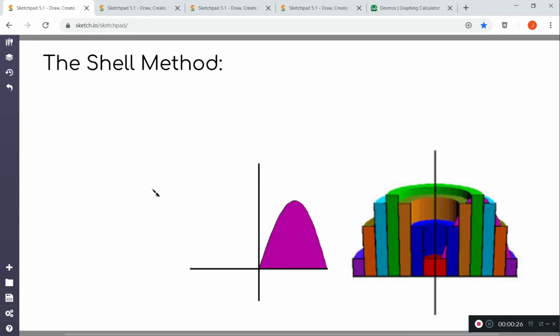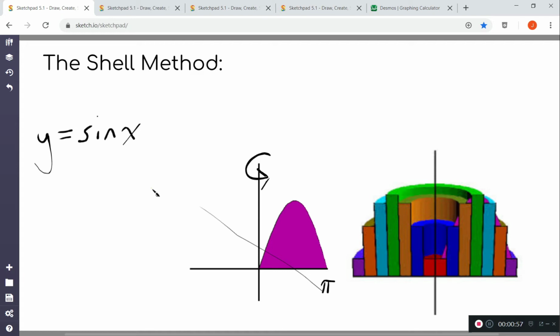So if we look at this purple curve I have down here, this is the sine curve from 0 to pi. Now, if we were to try to rotate this around the y-axis with the equation y equals sine x, we would remember that to rotate something around the y-axis, we want to have it in terms of y.